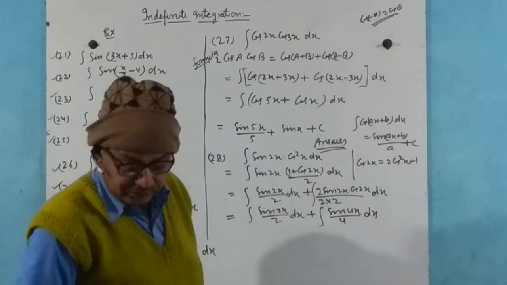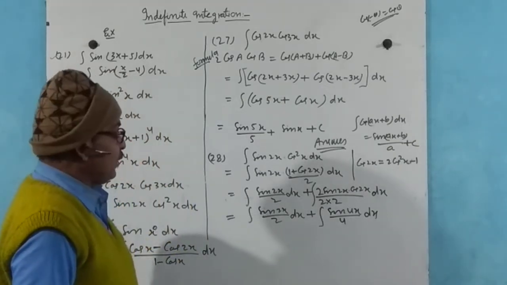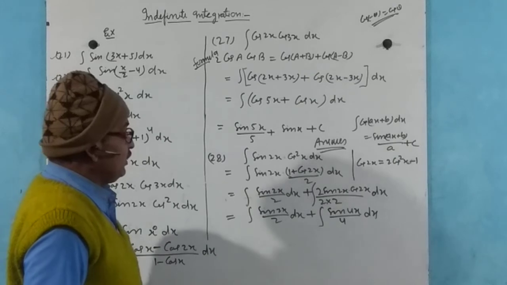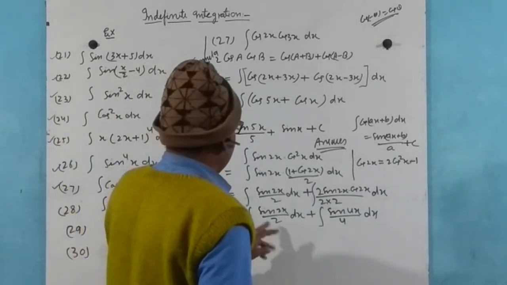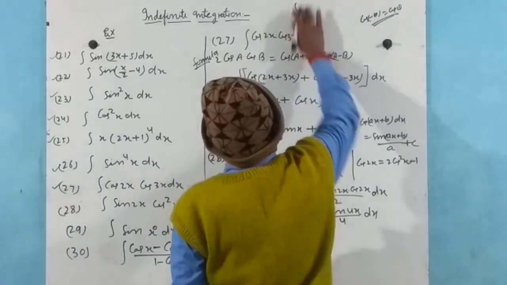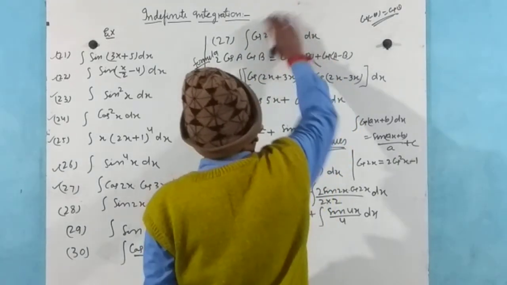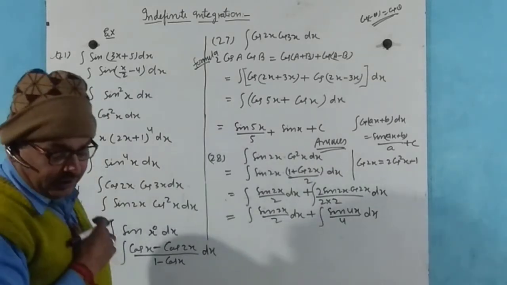And now, the integration of sin ax plus b is minus cos ax plus b divided by a.